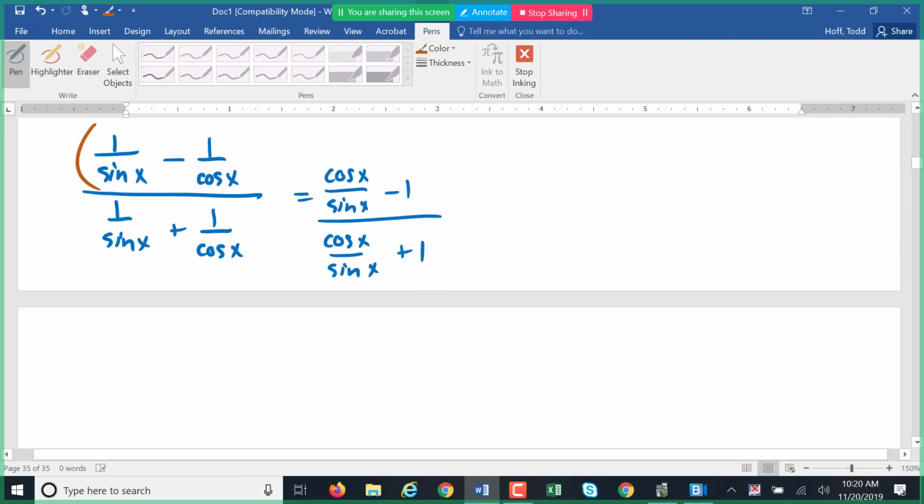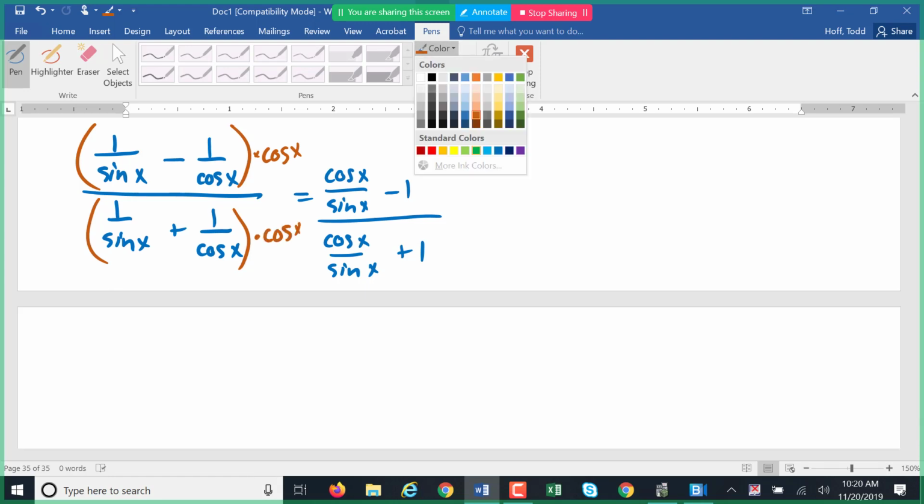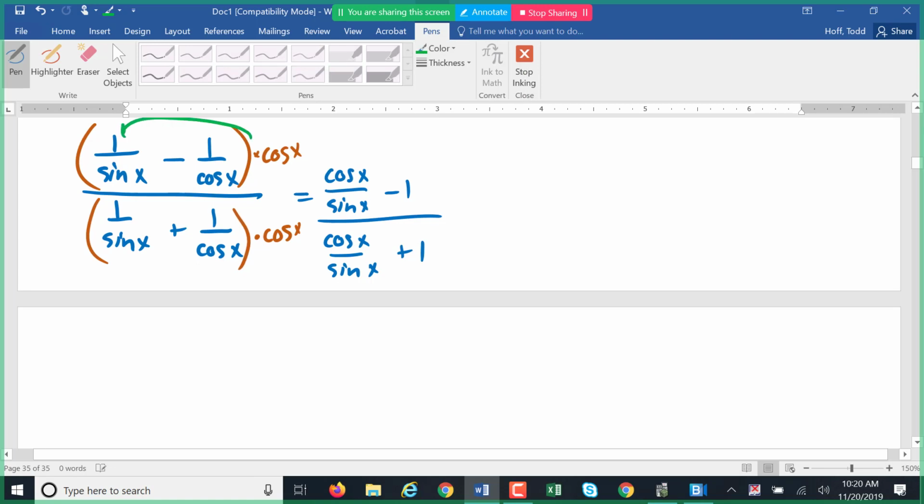I'm going to multiply both the numerator and the denominator of this fraction by cosine x. So here, cosine x times 1 over sine x is cosine x over sine x.